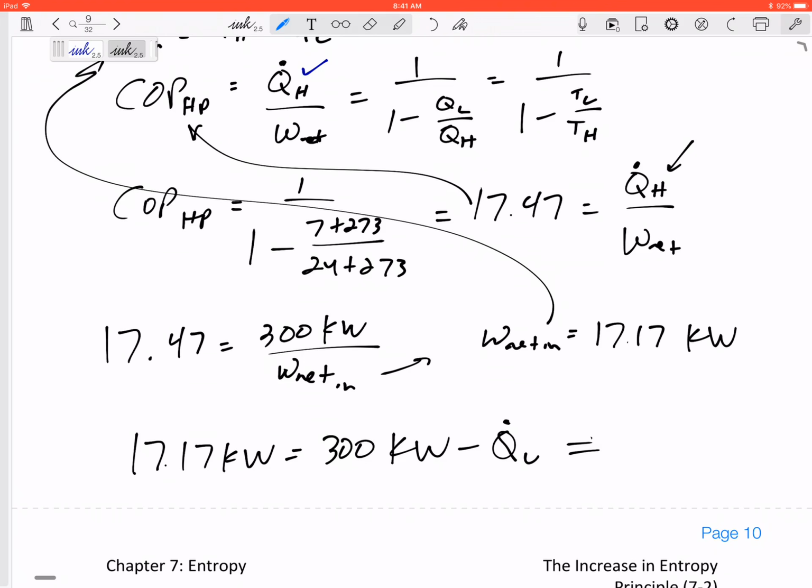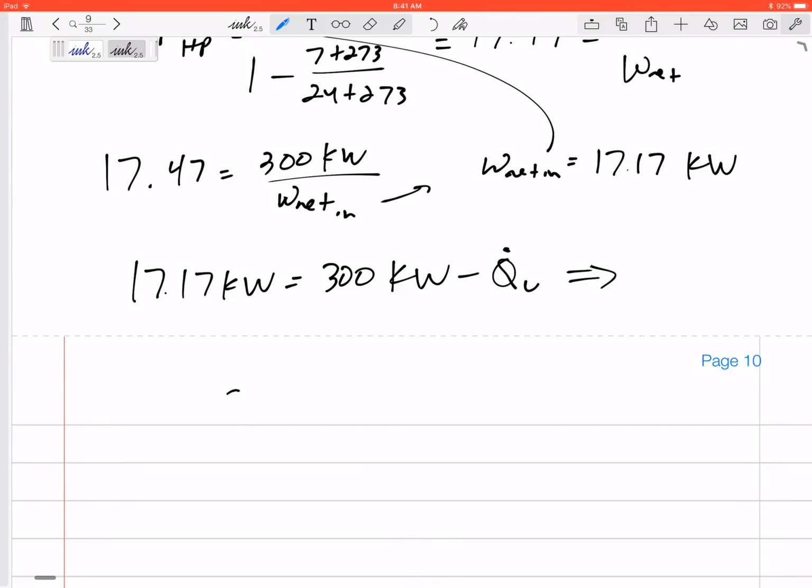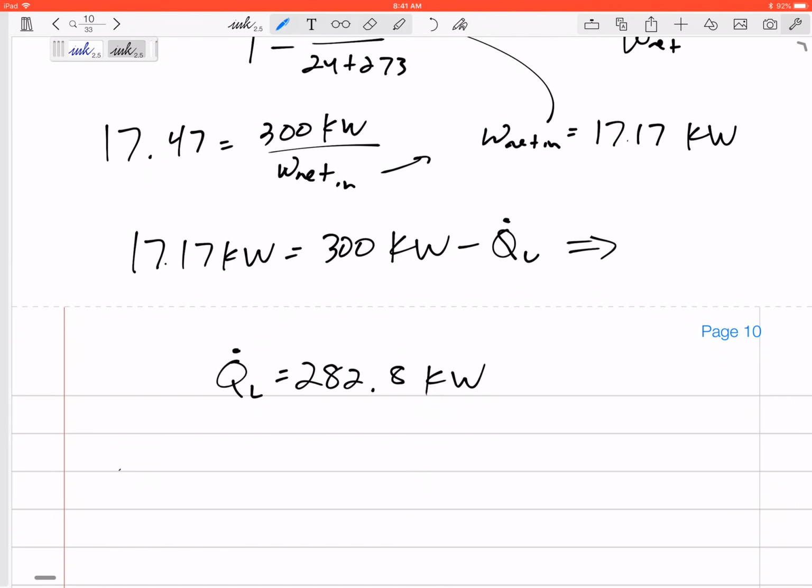So from here, I would get Q dot L is equal to 282.8 kilowatts. All right, so the question asks for the rate of entropy change of the sources. So now we're looking at the rate of entropy change of the outside air is QL over TL.